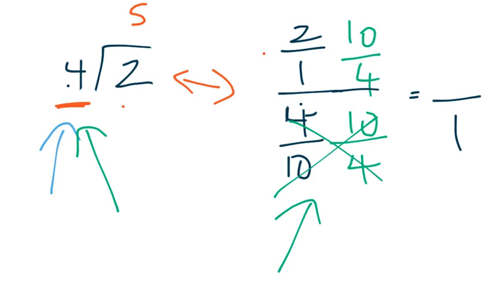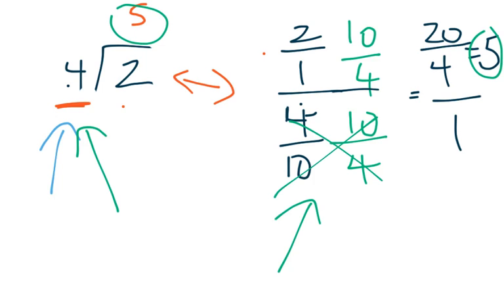We can only divide by whole numbers. And then, when we do the work, we get 20 divided by 4, which again is 5. We get 5 no matter what, because that is the answer. And if you do it as a fraction, or if you do it as a decimal, you still have the exact same work. You're still doing whatever it takes to divide by a whole number.